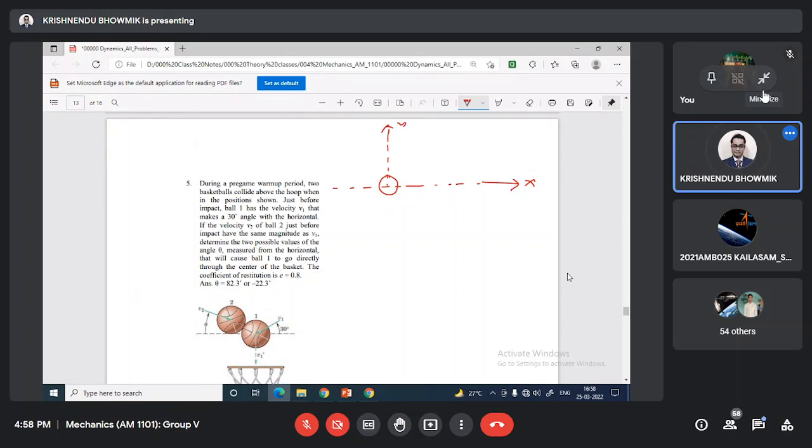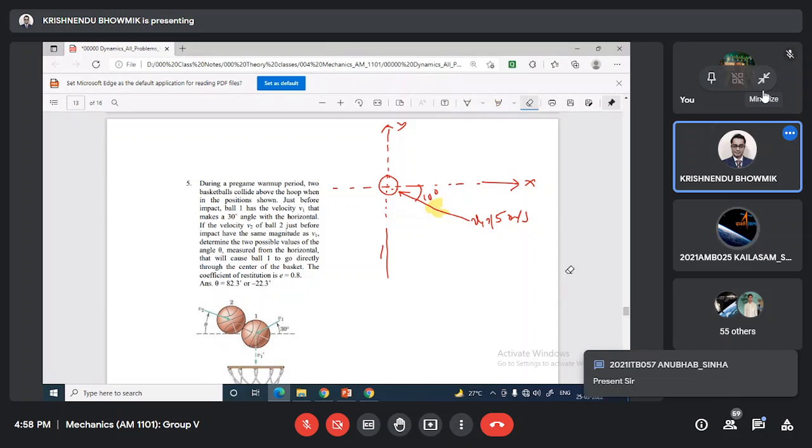This is positive y. So initially 10 degree, v1 equal to 15 meter per second, and v2, okay, the angle I should make a little better, 10 degree should reflect there properly. Just wait. Okay.